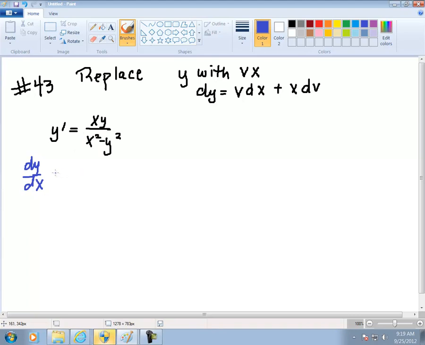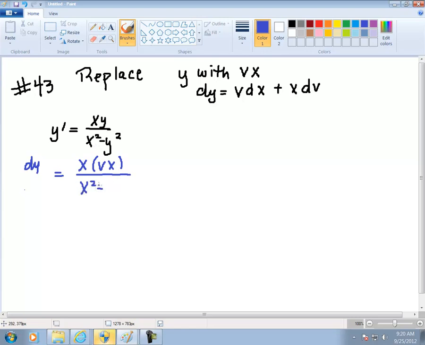Okay, so now what we're going to do here is go ahead and put my dx over there. So let's just do dy, because we know that y prime is dy dx. It is going to be equal to x, and now in place of y, I'm going to have vx. In the denominator, I've got my x squared.